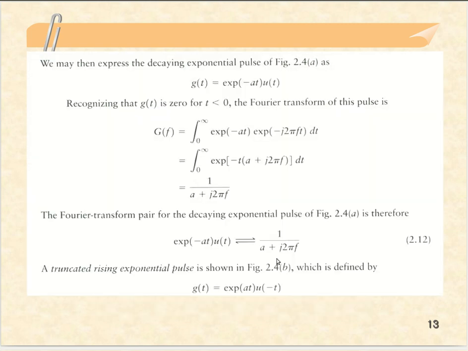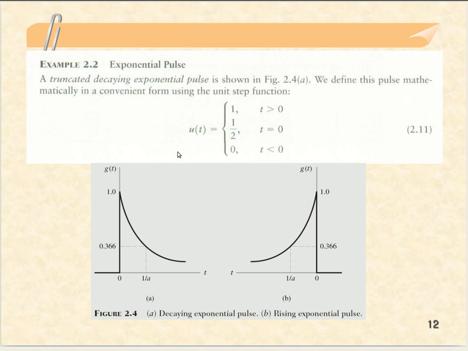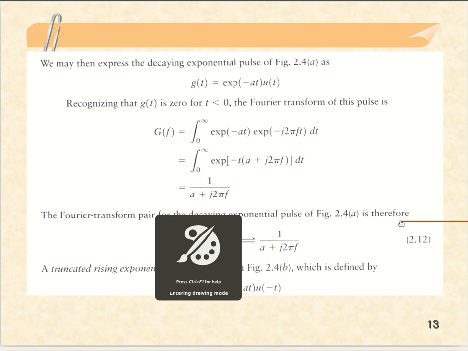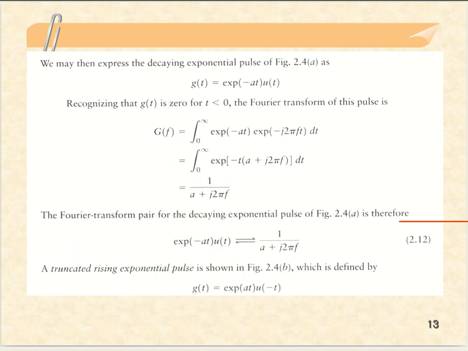As I said before, the only difference is the minus t here. You take the minus from the exponential and put it in the t, so u of t is on the other side. So here u of minus t, you just draw it like this, 0 before and after, because you make everything on the minus side. It is 1 if t is less than 0 and 0 otherwise.